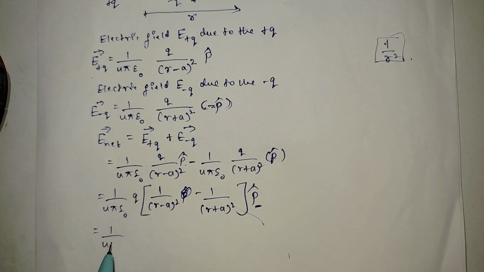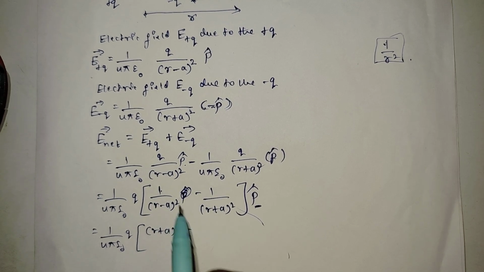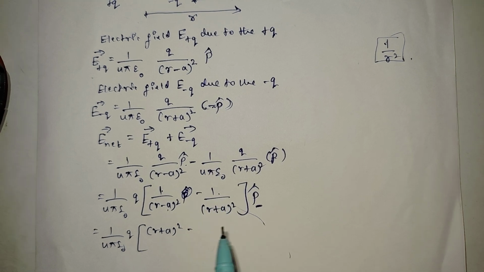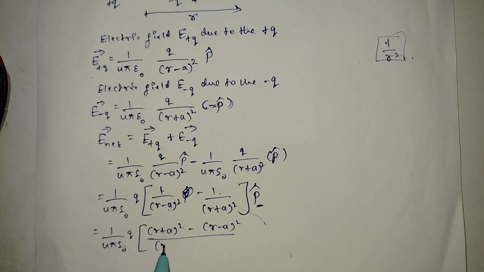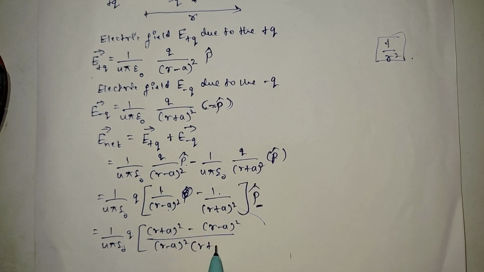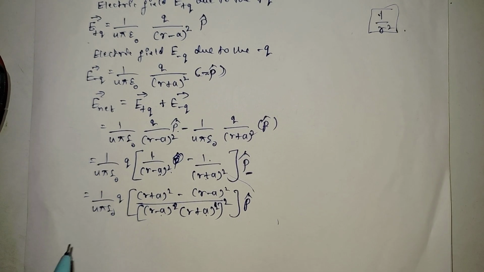Next, 1 divided by 4 pi epsilon naught Q, times r plus a whole square minus r minus a whole square, divided by the LCM as the denominator, that is r minus a whole square into r plus a whole square. Here p cap is the same.